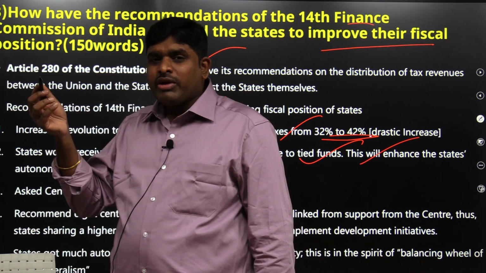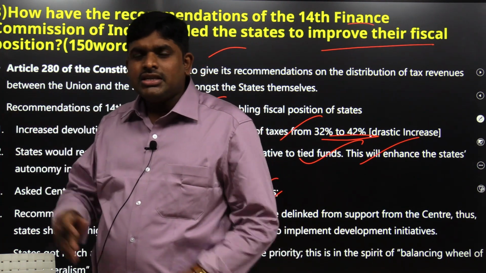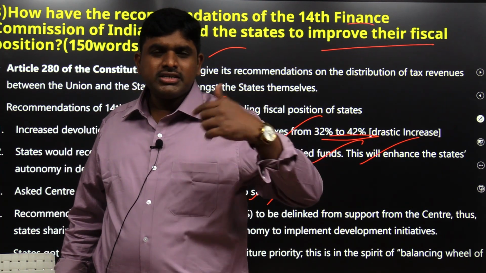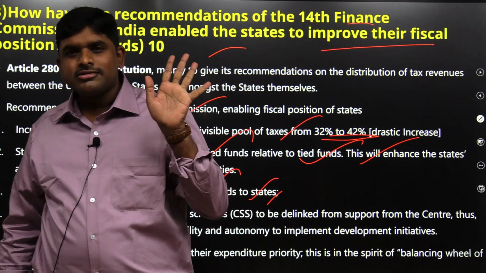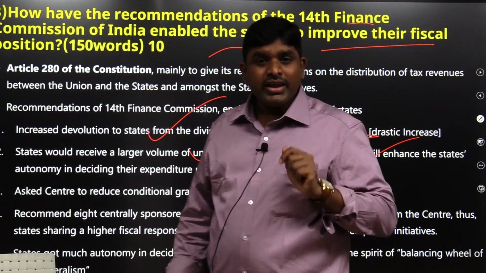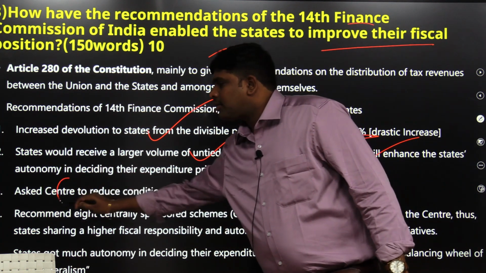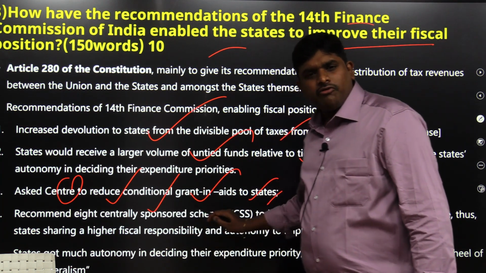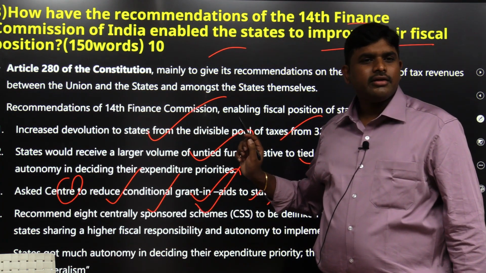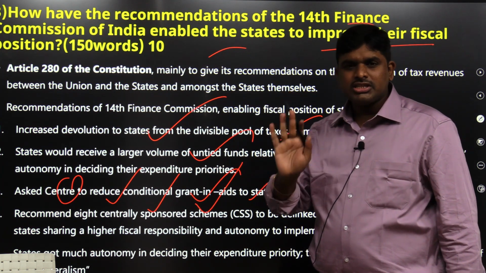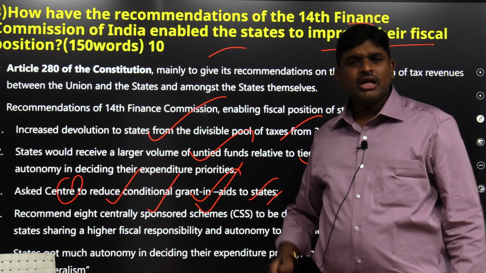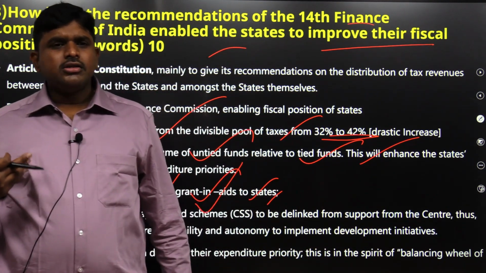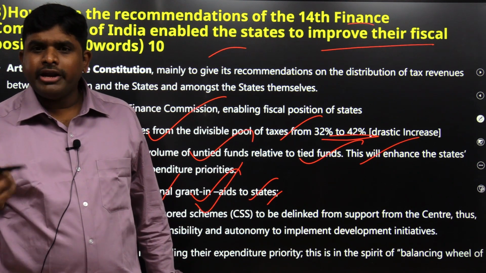So reaching the target is very difficult, and when they didn't reach it, the central government said you didn't reach the target, so you didn't meet the condition, and I am unable to provide you the funds. So the 14th Finance Commission told the Center to reduce conditions for grants-in-aid. Don't keep too many conditions. Conditions are good, but don't keep too many. So now these are all examples of cooperative federalism.